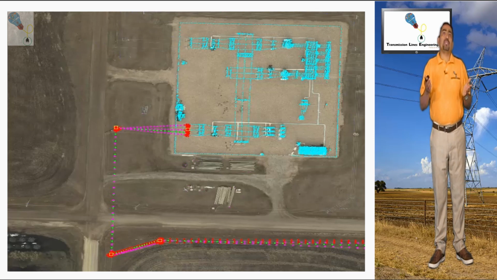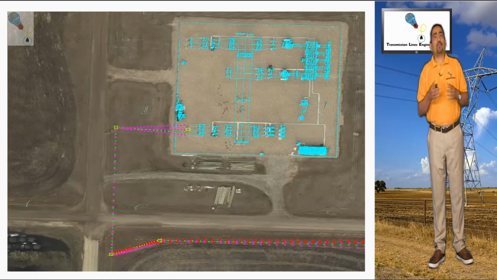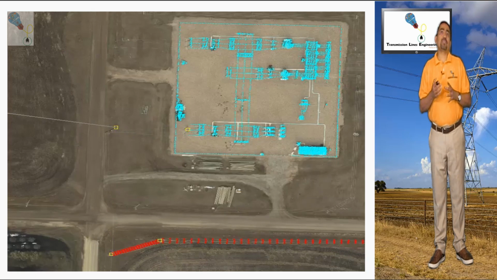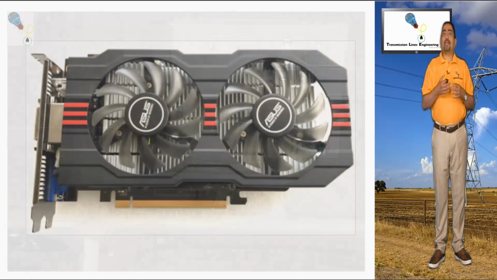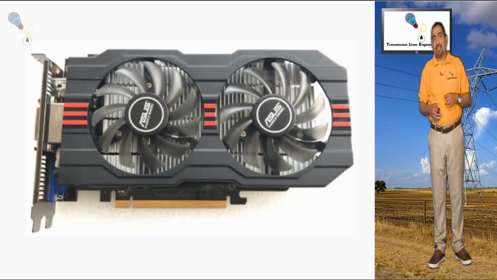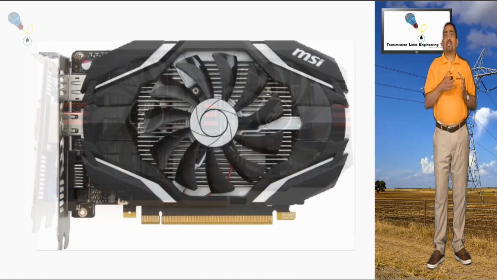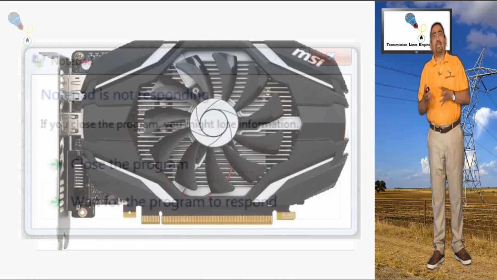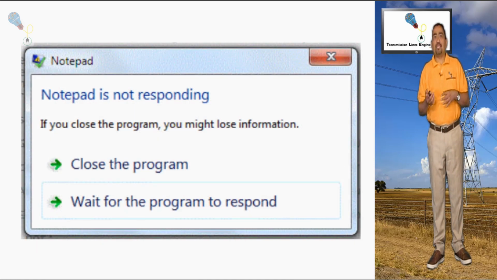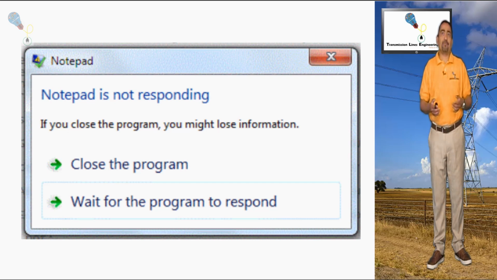Another important point is the capacity of the computer to be used. A LiDAR file containing thousands of points requires very fast processors and a very powerful graphics card. I recommend having a graphics card with double fan, since cards with a single fan can become overheated, and this is why the computer gets frozen and sends the message that the software has stopped responding.